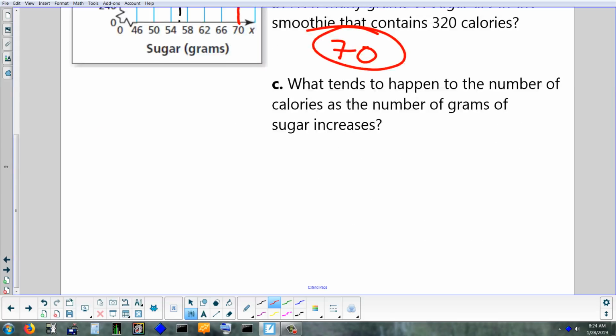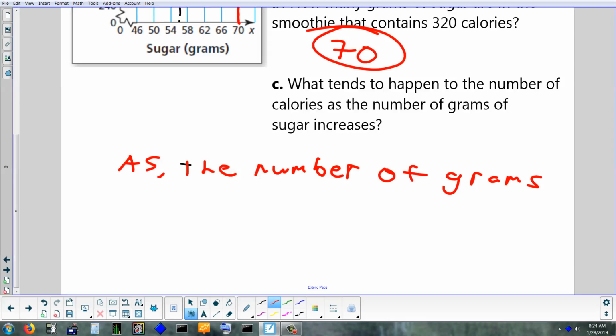Just kind of write what's happening. So what happens to the number of calories as the number of grams of sugar increases? So as the number of grams of sugar, what do they want to know? Increases? Yeah, increases.